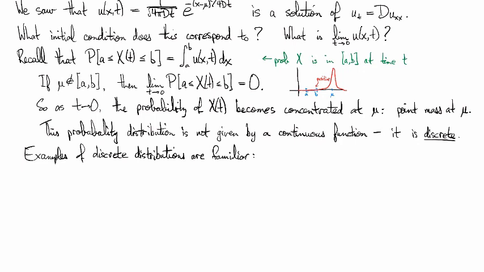So, for example, suppose we let the random variable y be the outcome of a fair roll of a usual six-sided die.